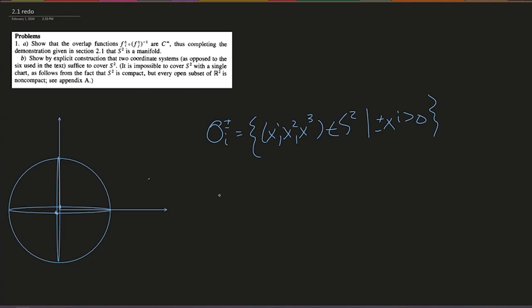And so to make it explicit, something like O plus x is the positive x hemisphere. Obviously O minus x would be the negative x hemisphere, and the idea then is that if you use all 3 coordinates, this set O I plus or minus covers S2.